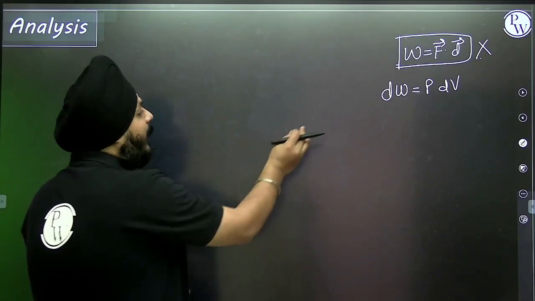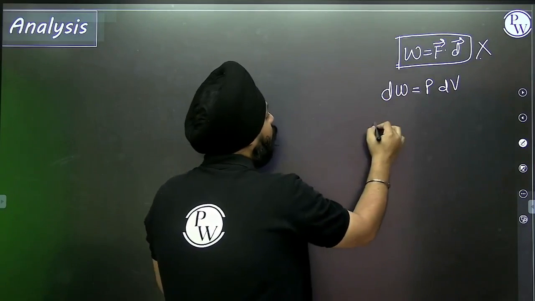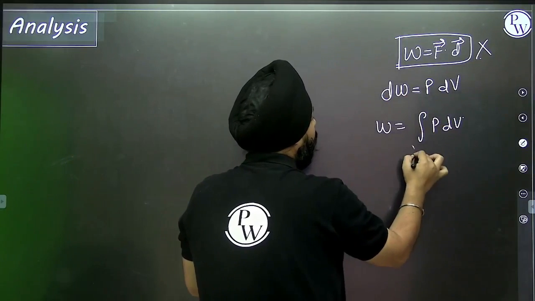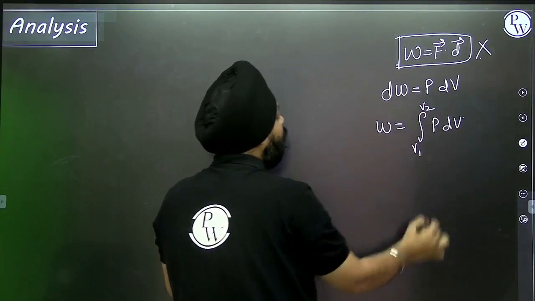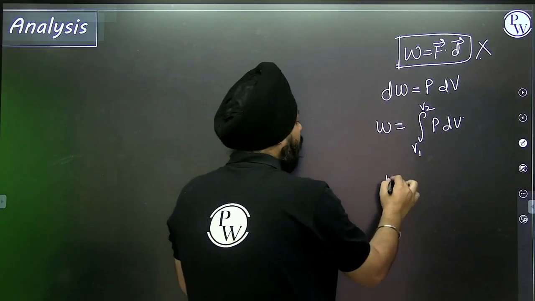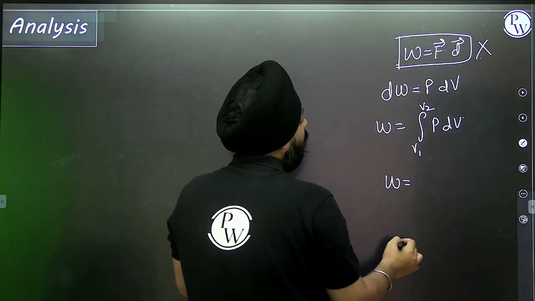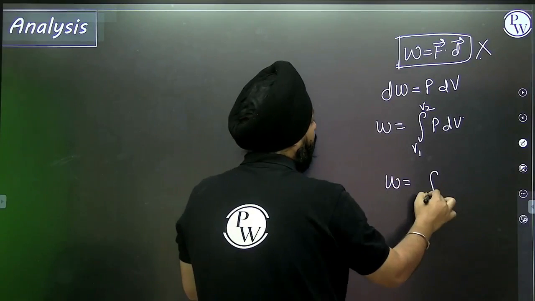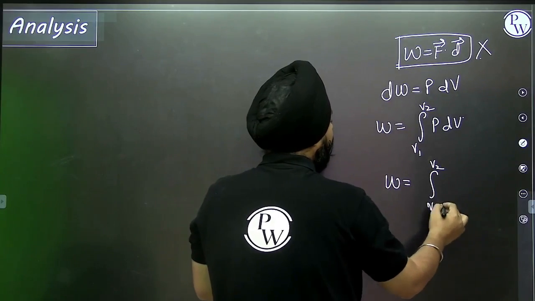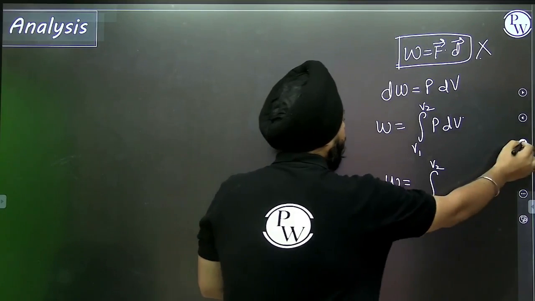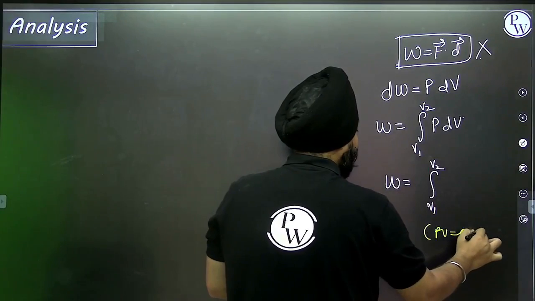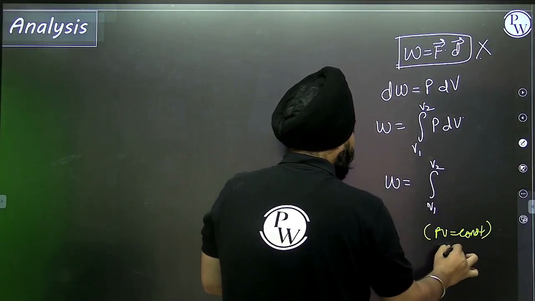So dW is equivalent to PdV. So the work done is the integration of PdV from V1 to V2, initial to final. Now, according to the isothermal process, can I say PV is equal to a constant?